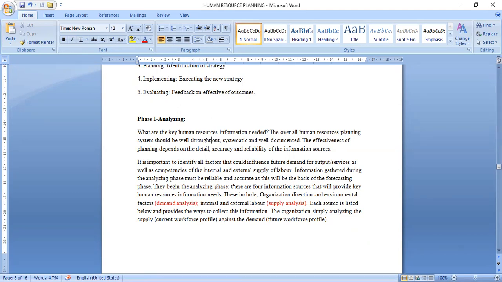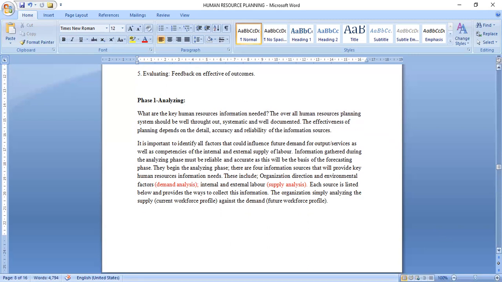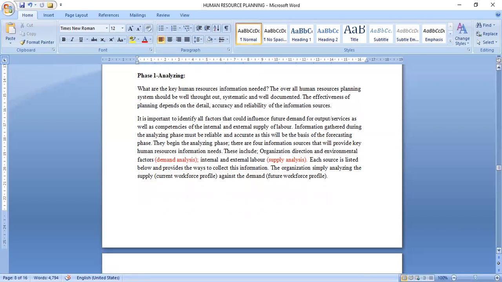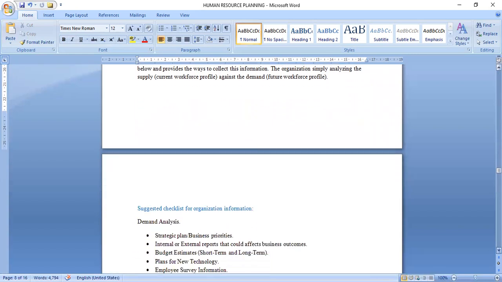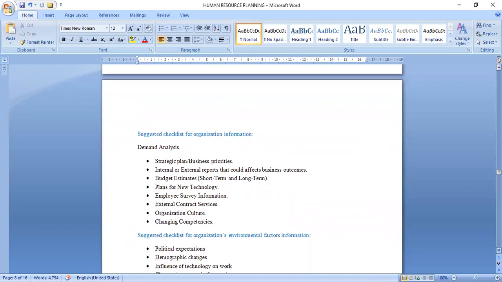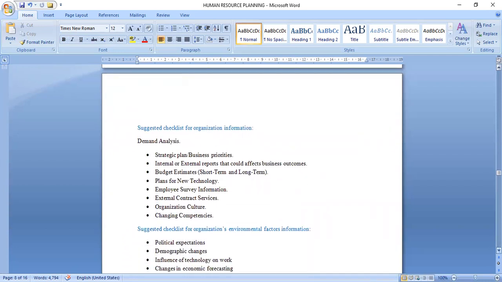For example, does the organization require new employees to come in? Analyzing the current situation in place, organizations have to do what we call a demand and supply analysis.